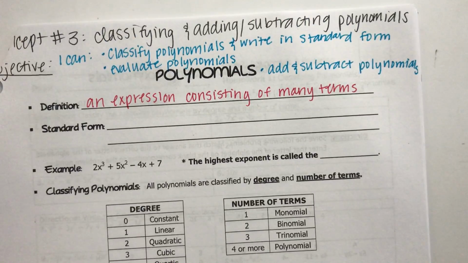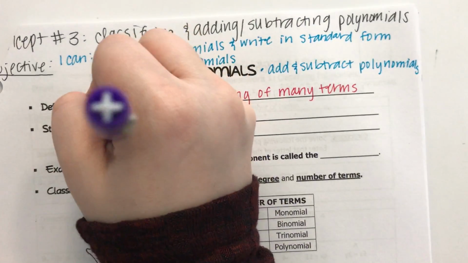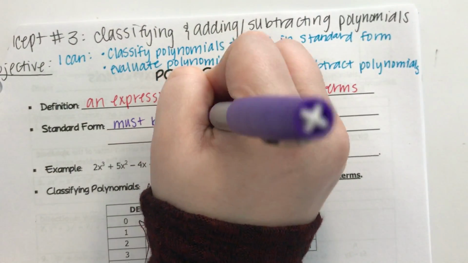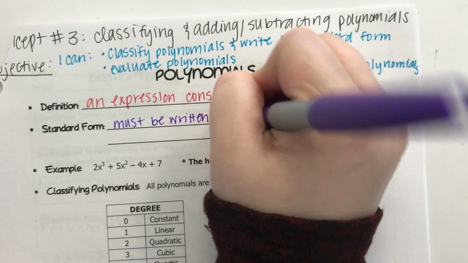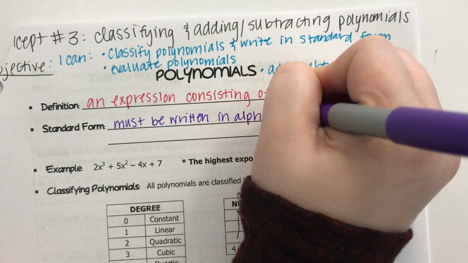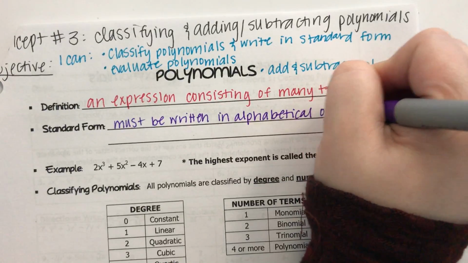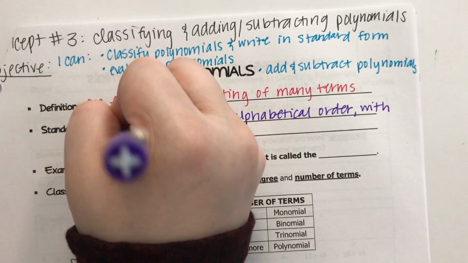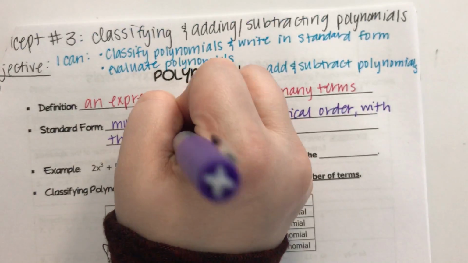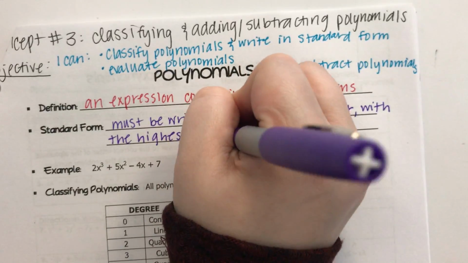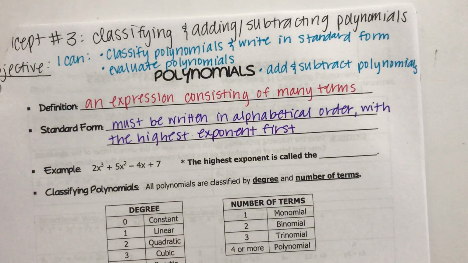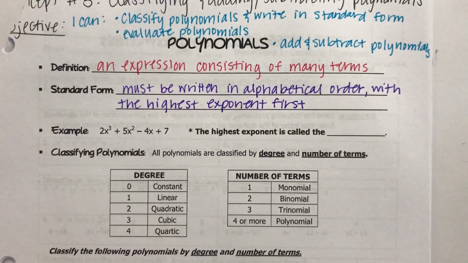Standard form, a polynomial written in standard form must be written in alphabetical order with the highest exponent first. Okay, so the exponents will go in decreasing order. That's basically what you need to know.